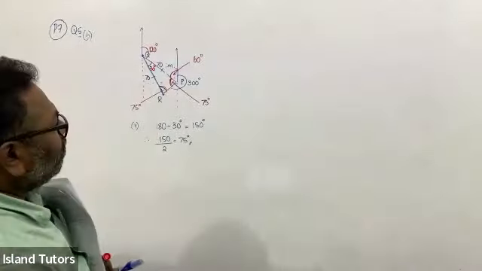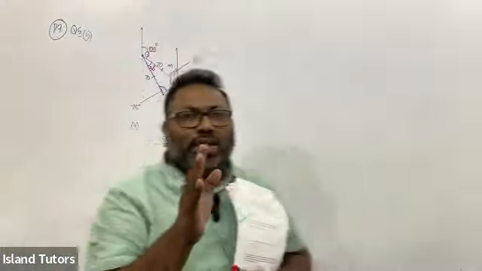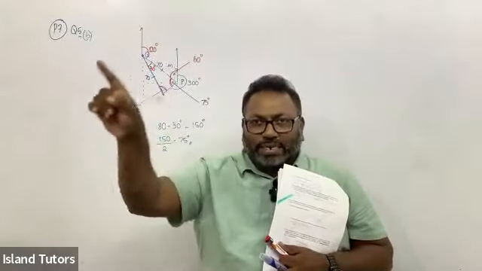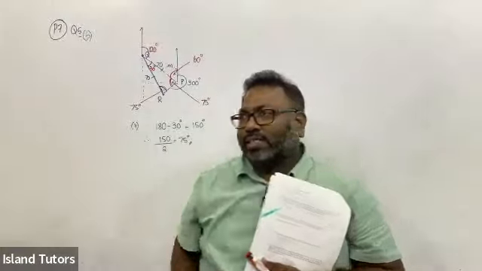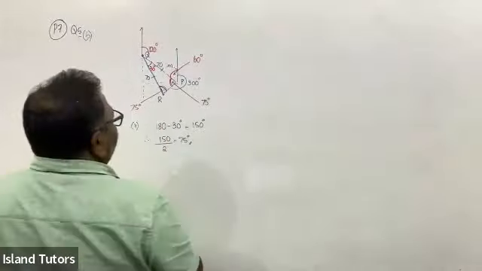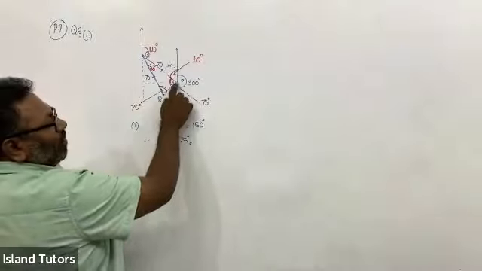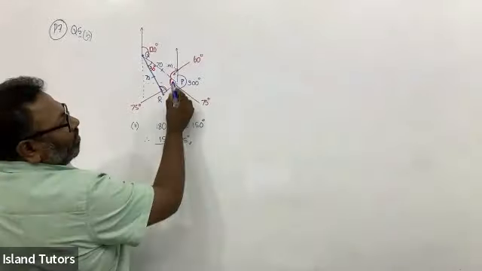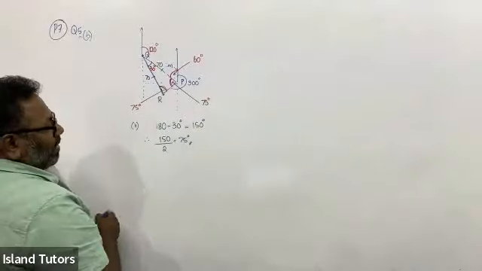Right? Now, bearings, how do you calculate bearings? From north in a clockwise direction, right? That's how you find the bearing. So we need to find the bearing of R from P. We know this is 75. We know this is 60.